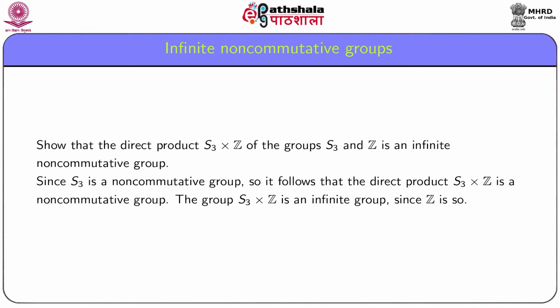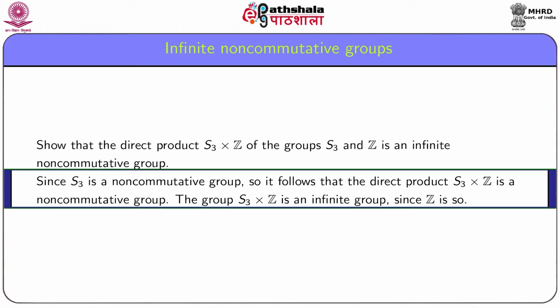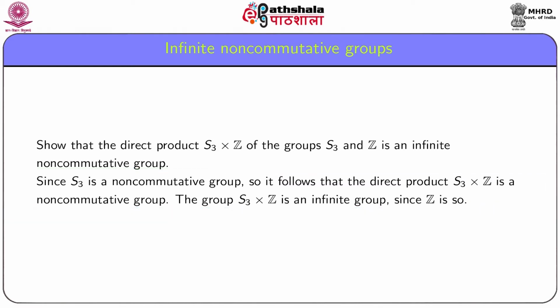If you consider the Cartesian product of S3 and Z, because Z is infinite, the Cartesian product of S3 and Z is an infinite set. Since S3 is non-commutative, as you saw in the previous example, S3 cross Z is also a non-commutative group.